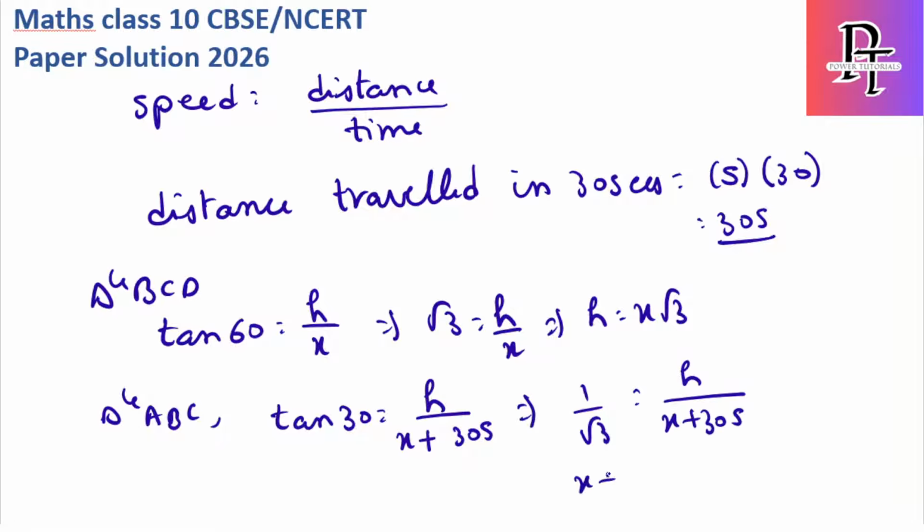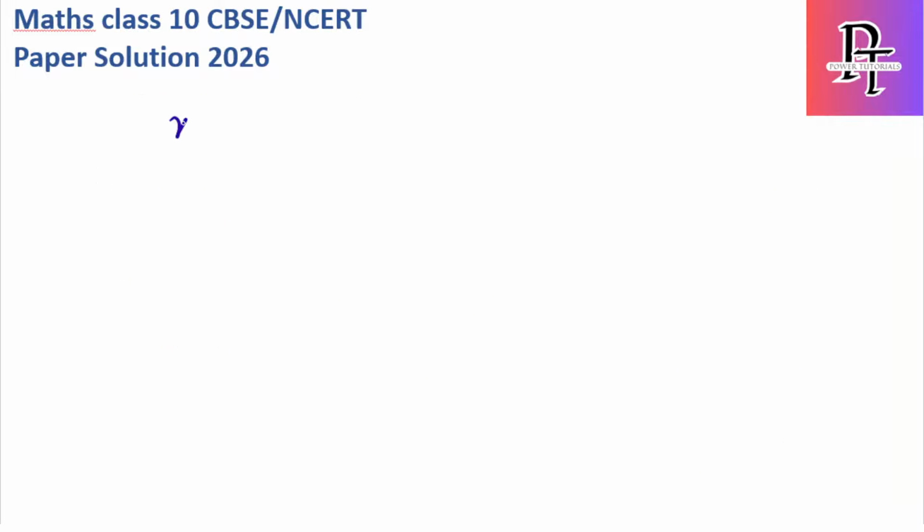Cross multiplying, H root 3 equals X plus 30S. Substituting H as X root 3, I will get X plus 30S equal to 3X. So 30S is nothing but 3X minus X, which is 2X. So I got the X value as 30 by 2, which is 15S.